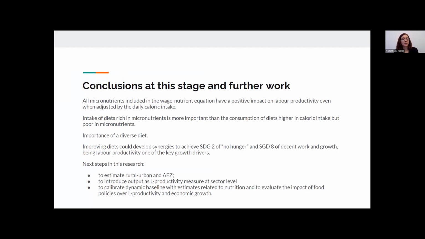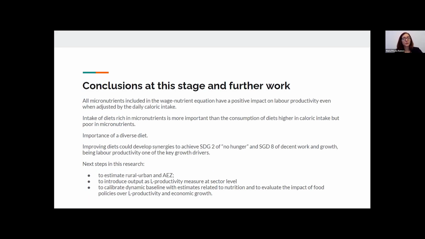Intake of a diet rich in these micronutrients is more important than consumption of a diet higher in calories. That talks about kilocalories empty in terms of nutrients. So we have to focus on micronutrients and even on macronutrients.